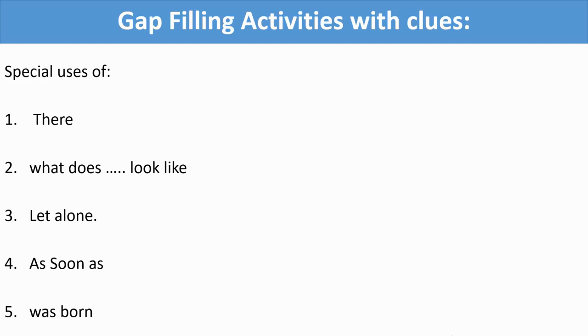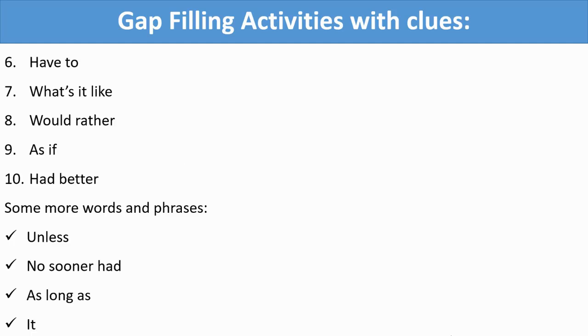So here are some examples of the clues. Number 1, there. Number 2, what does look like. Number 3, let alone. Number 4, as soon as. Number 5, was born. Number 6, have to.